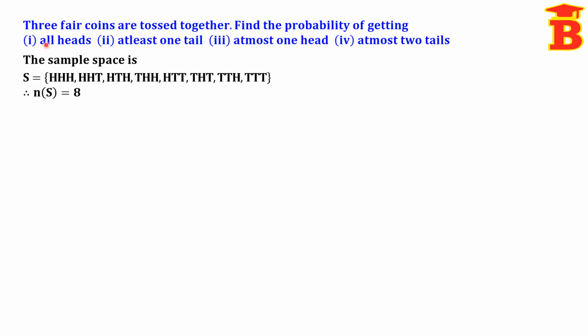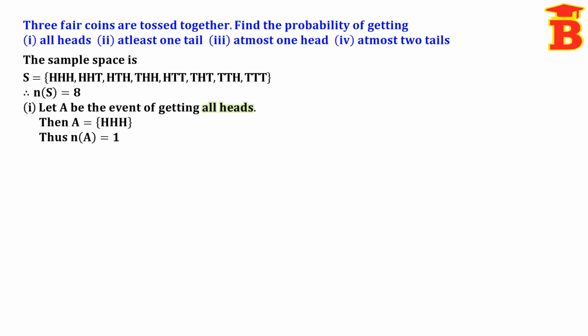Now the first question is all heads. So let A be the event of getting all heads. See the sample space. All heads we have only one time. So A equal to HHH, that is n(A) equal to 1.